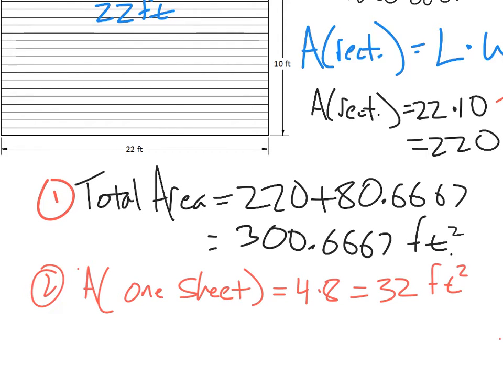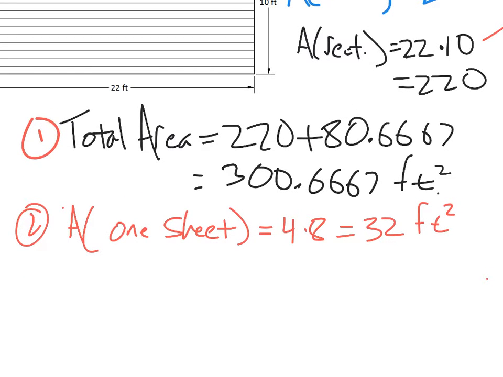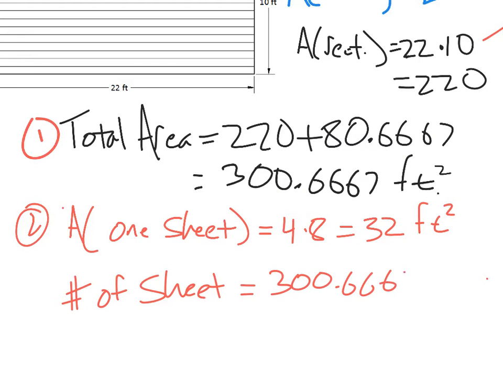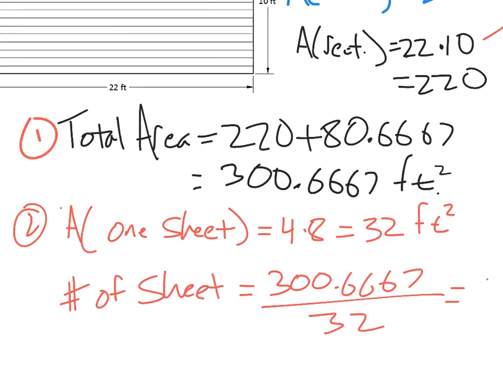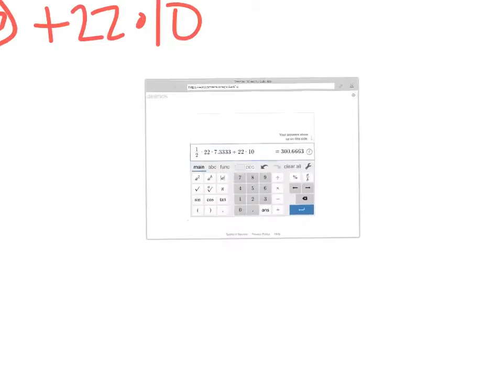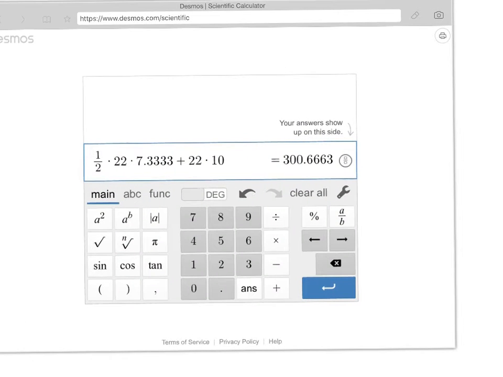So the question is, if everything fit perfectly, if we use all of that plywood perfectly, which never happens, we can find the number of sheets by taking the total area and figuring out how much each one can cover. So 300.6667 divided by 32. And this will tell us how many sheets of plywood we need. So we'll go on over here to our calculator again. In fact, I already have that number in my calculator.